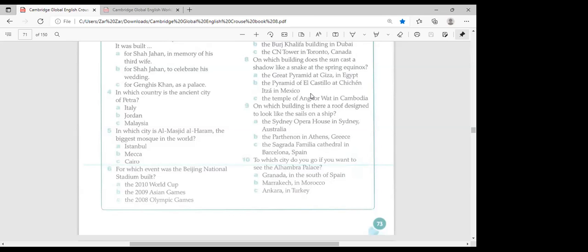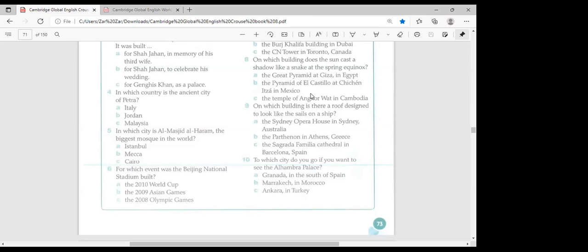Thousands of people go there every year in spring to see this happen. 9. On which building is there a roof designed to look like the sails on a ship? The Sydney Opera House in Sydney, Australia, has a roof which is designed to look like the sails on a ship. The Opera House is in Sydney Harbour, close to Sydney Harbour Bridge. The building is not just for opera. You can go to concerts there too.